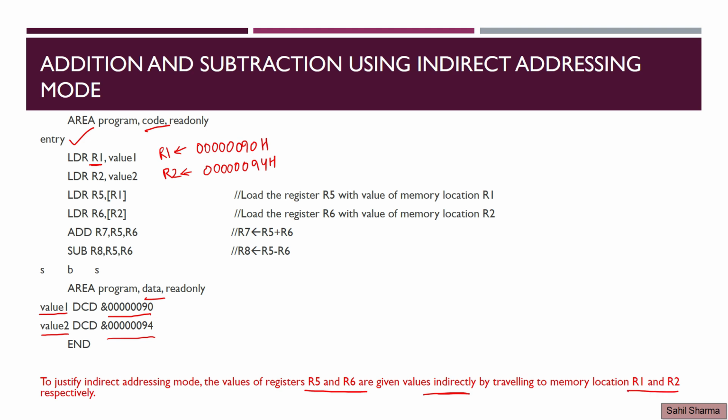This means that suppose there is some memory location. So these are the 8 places here. So when we say we have a value at 90H location, which means that I want to use R1 as a memory location. So this memory location will hold 4 bytes of data, and these 4 bytes will be stored here.